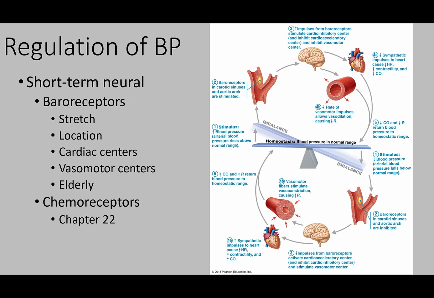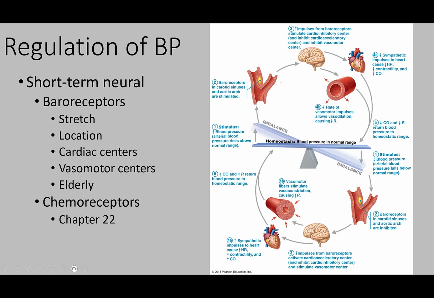And they send action potentials to a part of the brain, the medulla oblongata. And the action potentials that these nerve endings send convey information about blood pressure. Let's think about how that happens. When your blood pressure is higher than normal, is this stretch on the walls of the blood vessels going to be up or down?